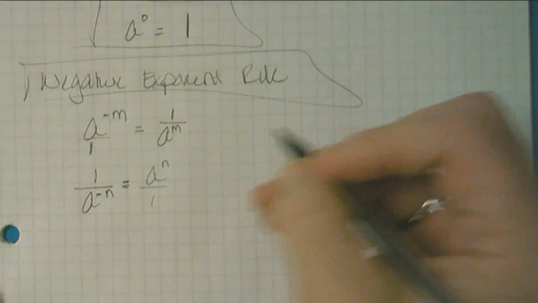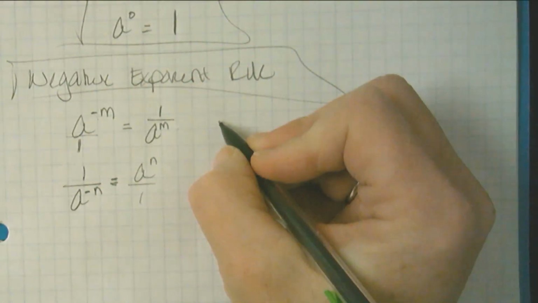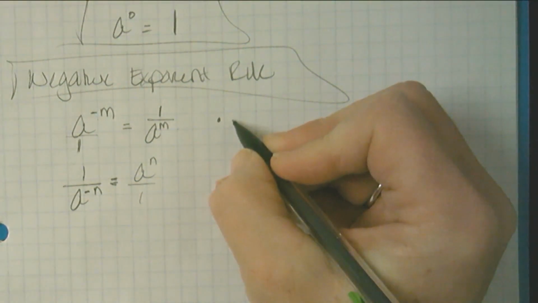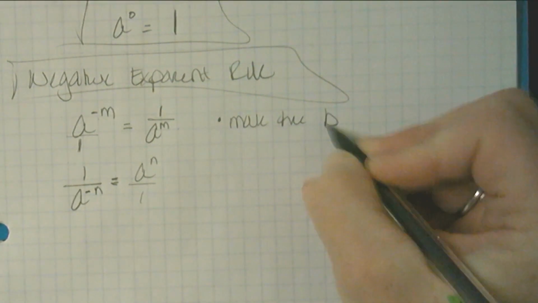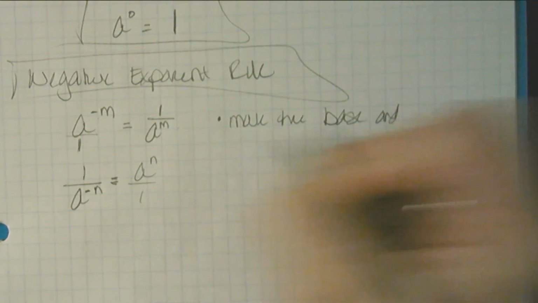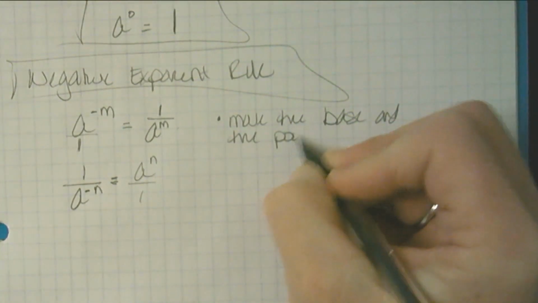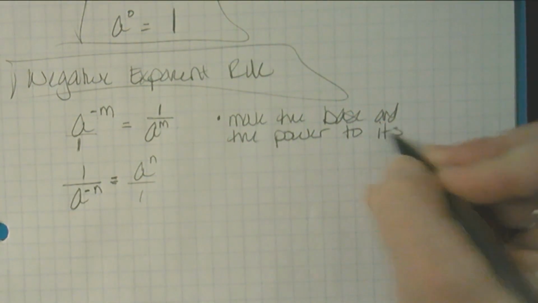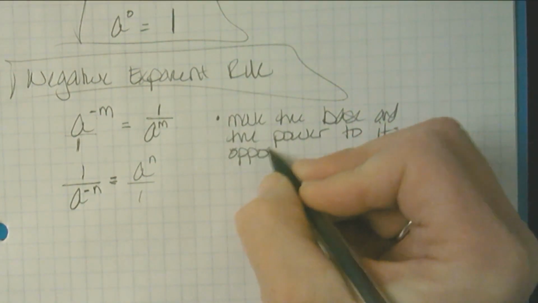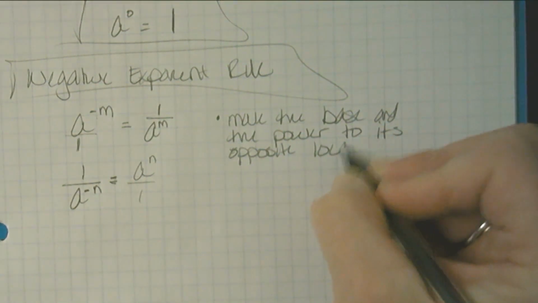All right, so if I was to summarize this rule, what you're going to do is you're going to move the base and the power to its opposite location.